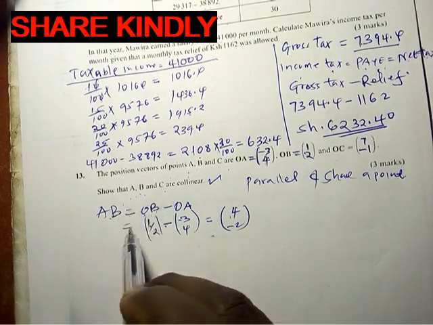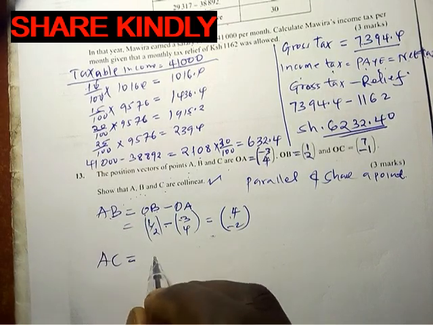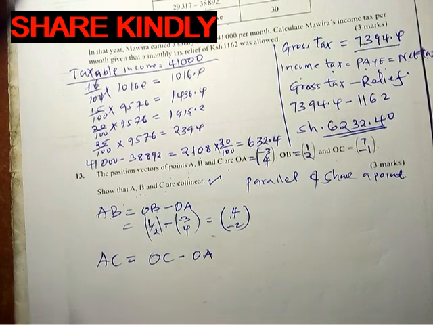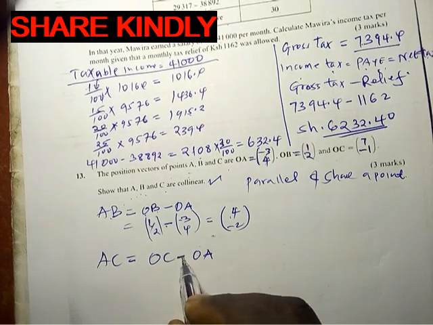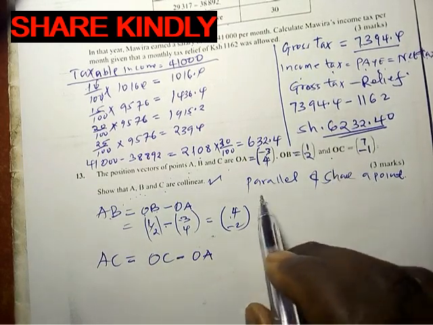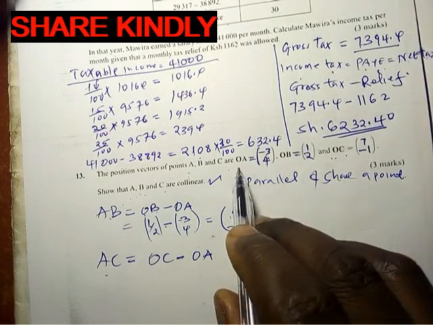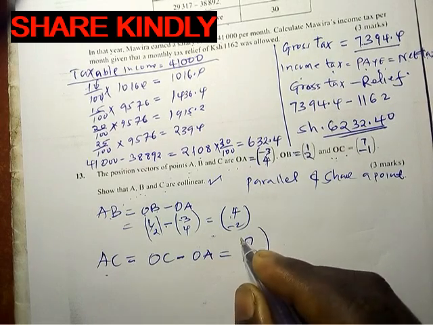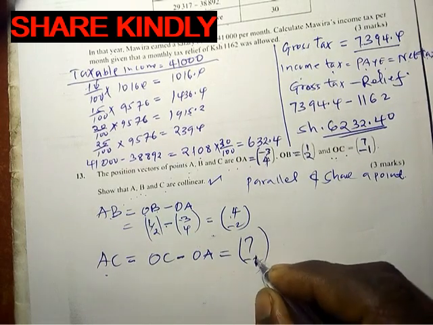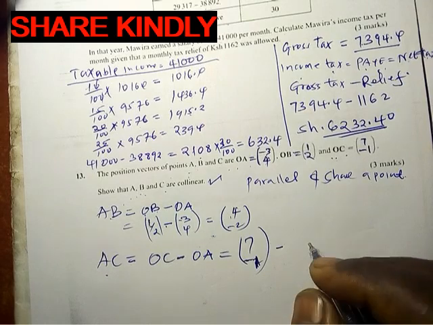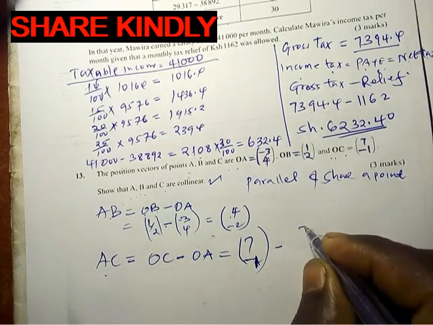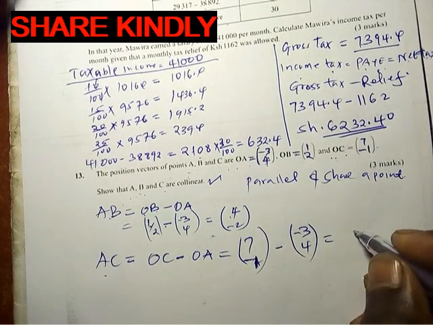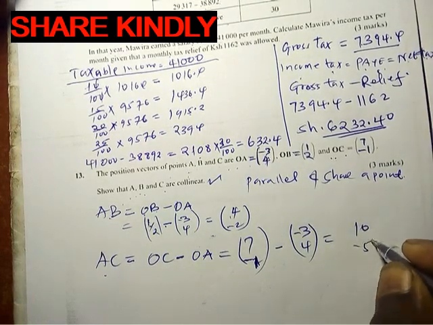We can get AC. AC is equal to OC minus OA, which is equal to 7, -1, you minus -3, 4, and this one will give us 10, -5.